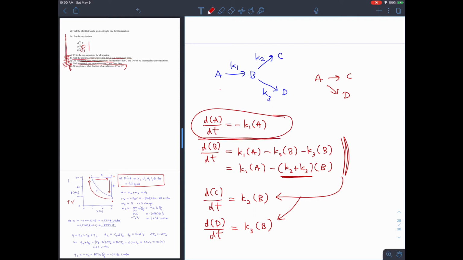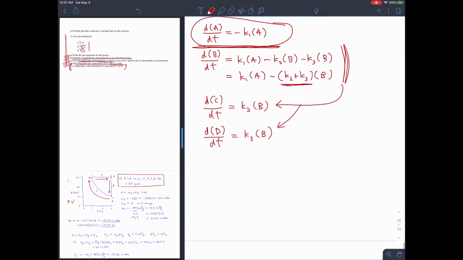And notice that we've got a nice closed differential equation. In fact, it's a first order differential equation for A by itself because A goes away. All these steps are irreversible, so A goes away independent of whatever is going on over here. As far as A is concerned, it doesn't even know that all this stuff's happening over here.